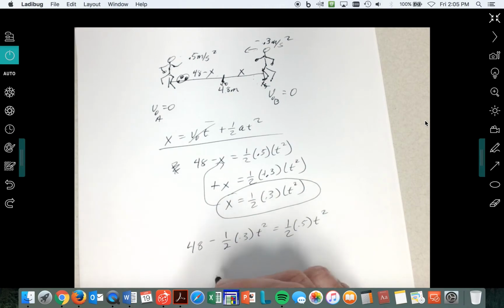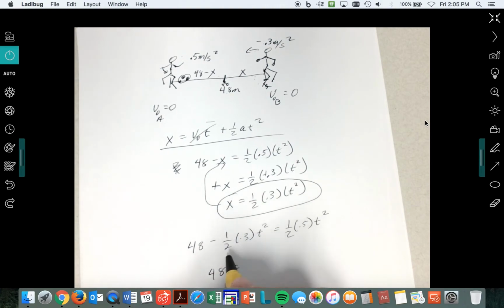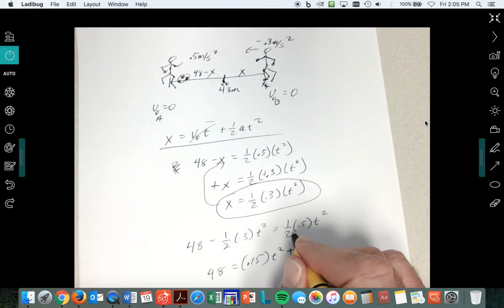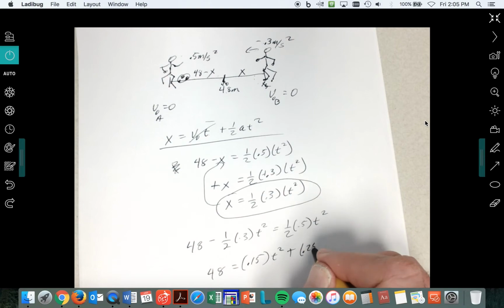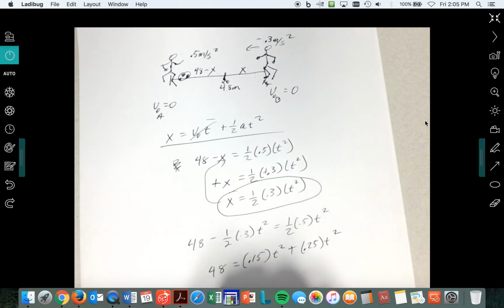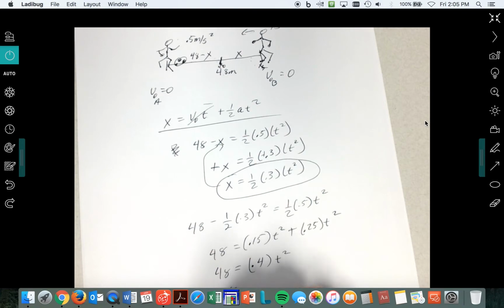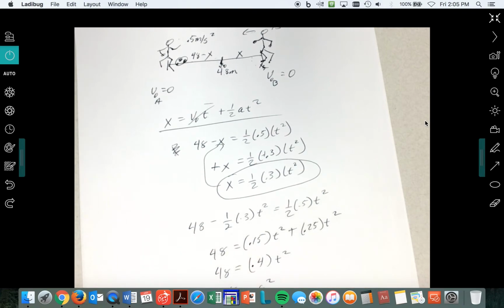So I wind up with 48 is equal to, what's half of 0.3? 0.15, right? 0.15 t squared plus, what's 1/2 of 0.5? 0.25 t squared. So I've got 48 is equal to 0.4 t squared. So therefore 48 divided by 0.4 is equal to t squared. Take the square root of both sides. Yada, yada, yada.